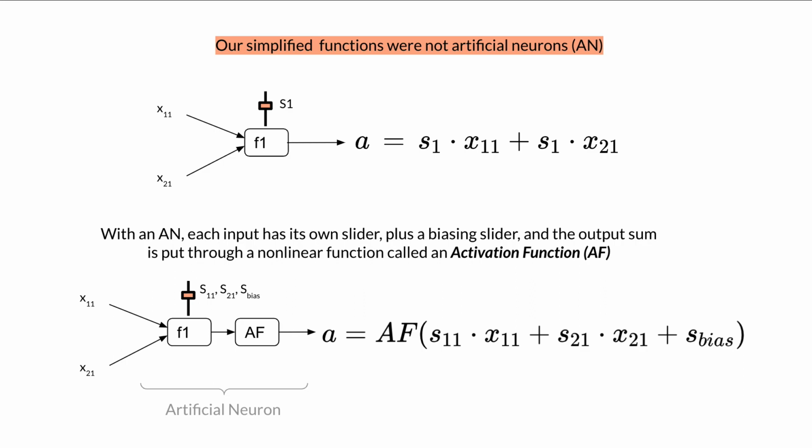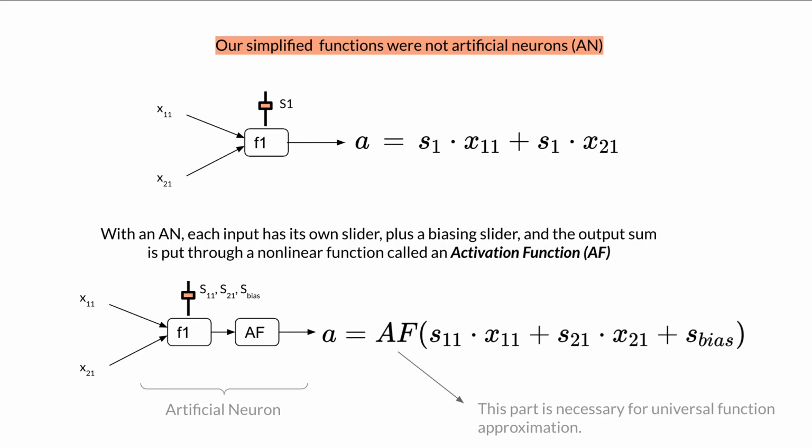So we have as many degrees of freedom as there are inputs, plus the bias. And then that whole summation is fed into the activation function, which is some non-linear function. This is the part that's necessary for universal function approximation, which we mentioned in part 1 of these lectures.